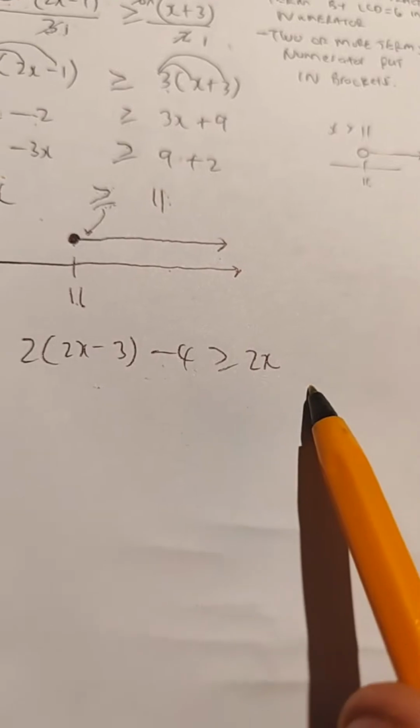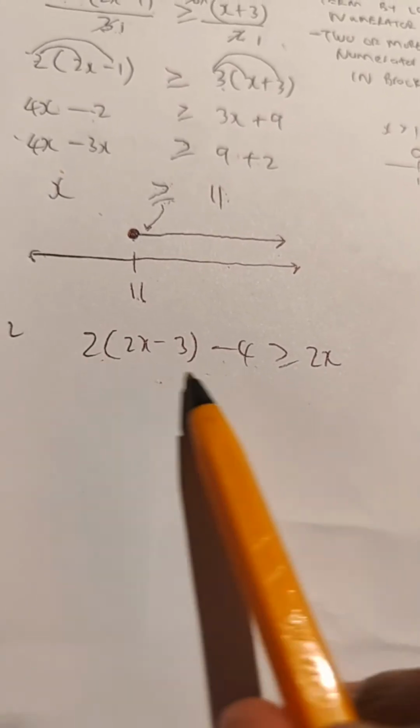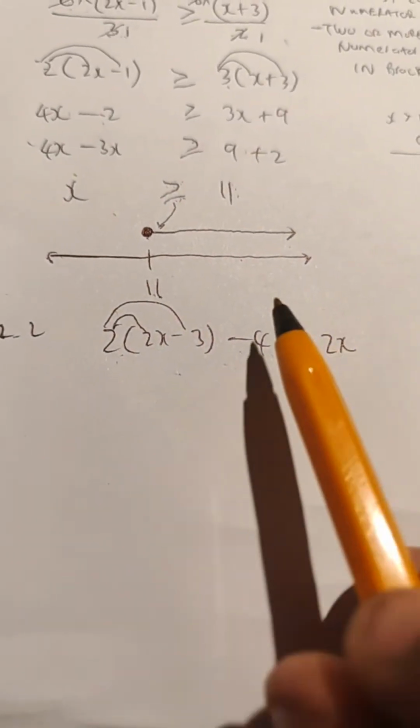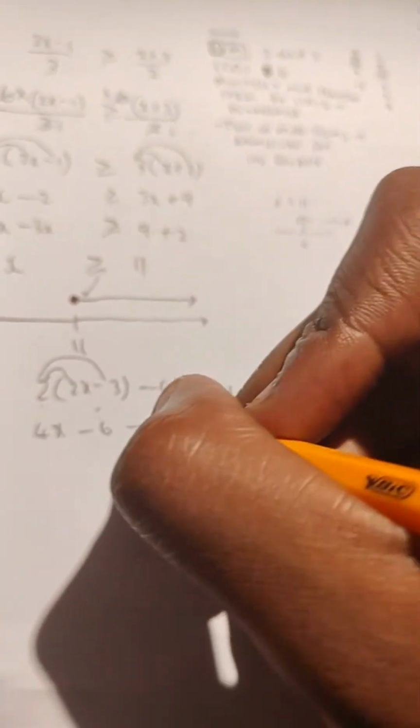Then on the other side we have 1 term. There's a 2 multiplied, so we distribute the 2 there. This negative 4 is alone, it's not affected. 2 times 2x is 4x. 2 times negative 3 is negative 6. Then the minus 4 there, greater than or equal to 2x.